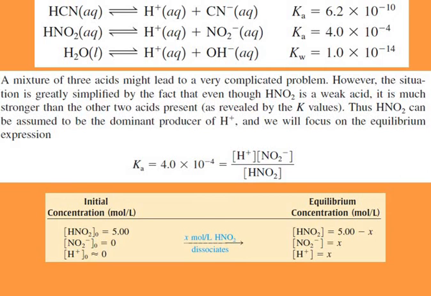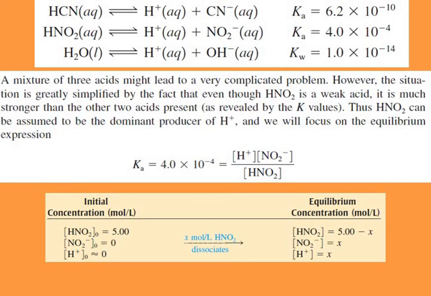So Ka, 4 times 10 to the power of negative 4, equals proton concentration times nitrite concentration divided by HNO2 concentration. In the initial, change, equilibrium table, the initial concentrations are 5 for HNO2 and 0 for the other two. After dissociation, at equilibrium we have 5 minus X for HNO2.